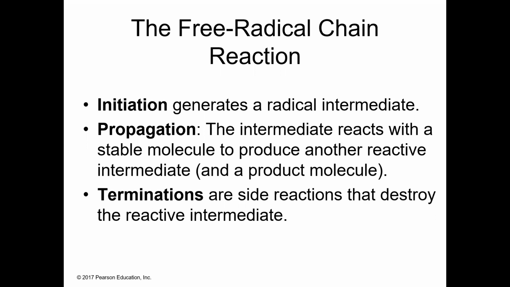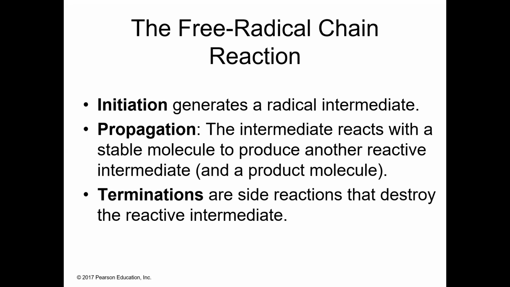This particular reaction involves what we call free radicals. And again, we're going to look at very few free radical reactions in this class. Most of them will involve ionic intermediates. But in this particular reaction between chlorine and methane, there are 3 steps.